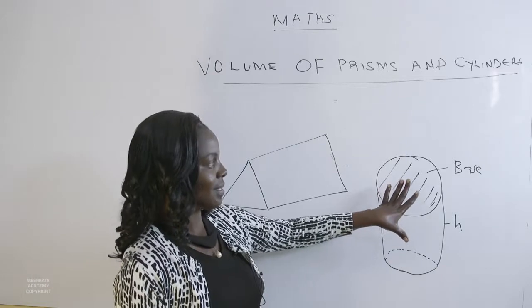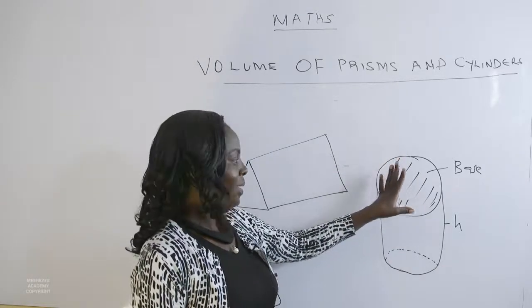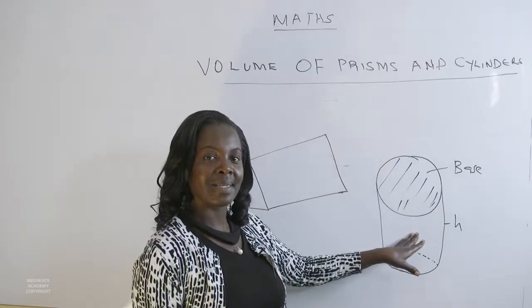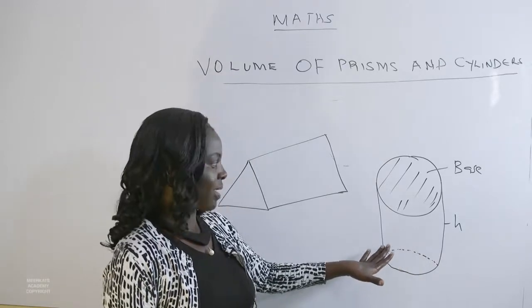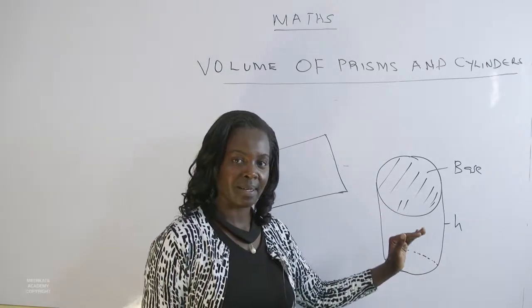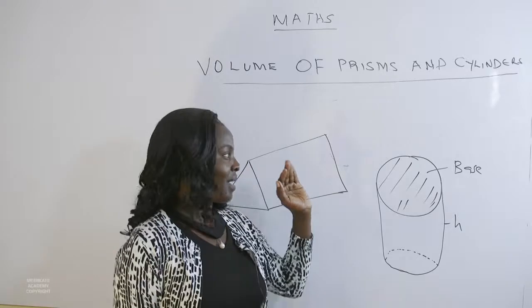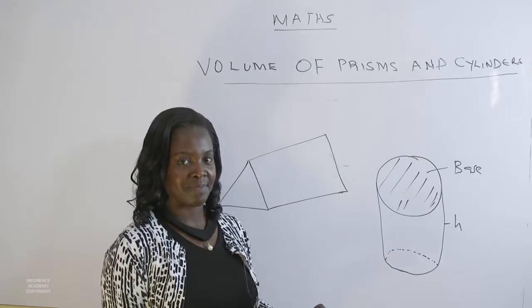The base is a circle, but then the height is not a rectangle or a parallelogram. That means a cylinder is not a prism.